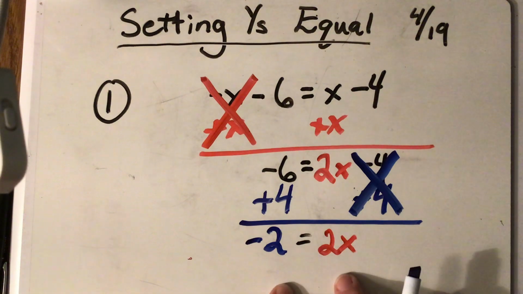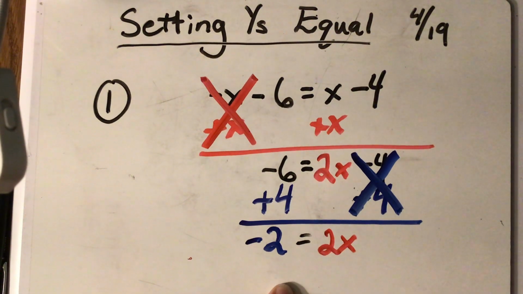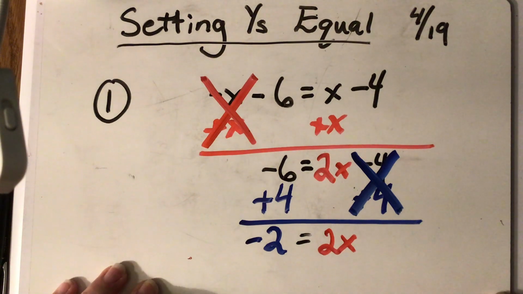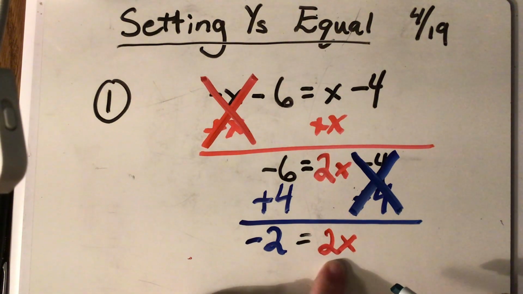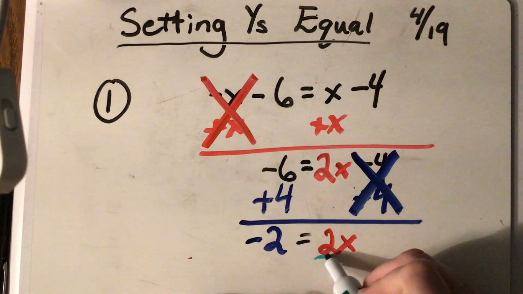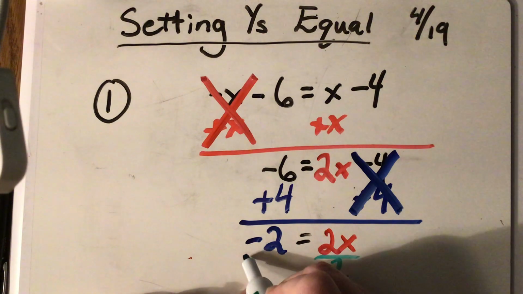All right. Now I'm here. I need to get rid of this 2. This 2 is here, wrecking my day, making my life difficult. I need to get the x by itself. So we are going to, what? Opposite of multiplication is division. So I'm going to divide by 2. Okay?